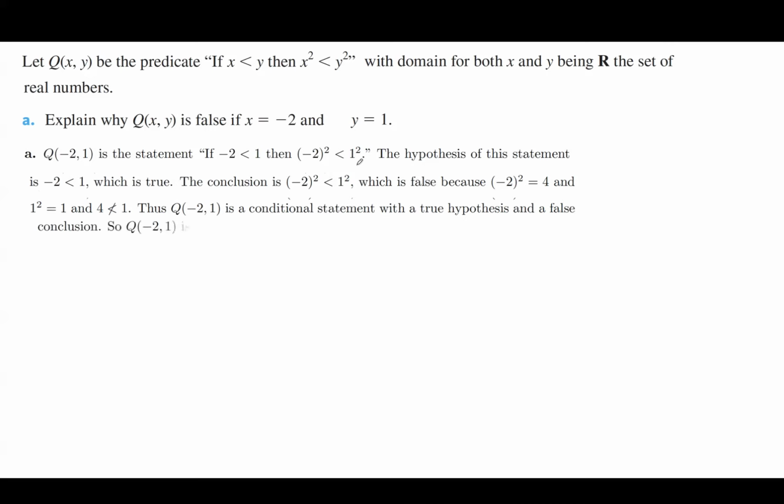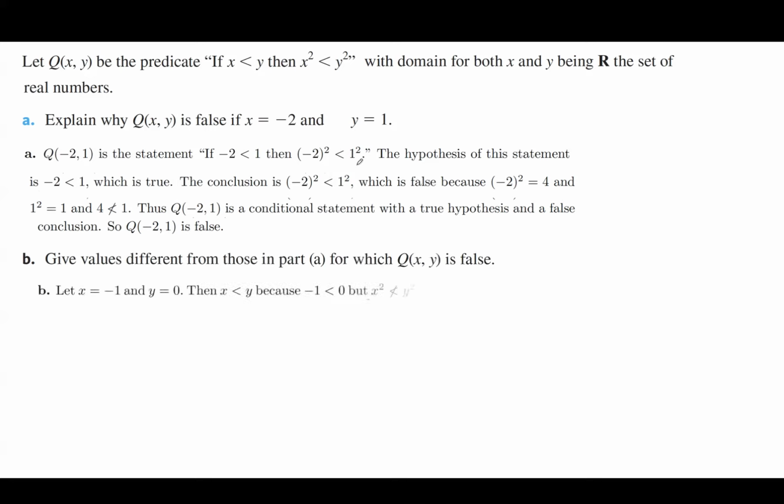You can come up with many, many examples yourself. For example, if you take x to be -1 and y to be 0, indeed -1 is less than 0, but 1 is not less than 0. So this conditional statement is a false statement in general.